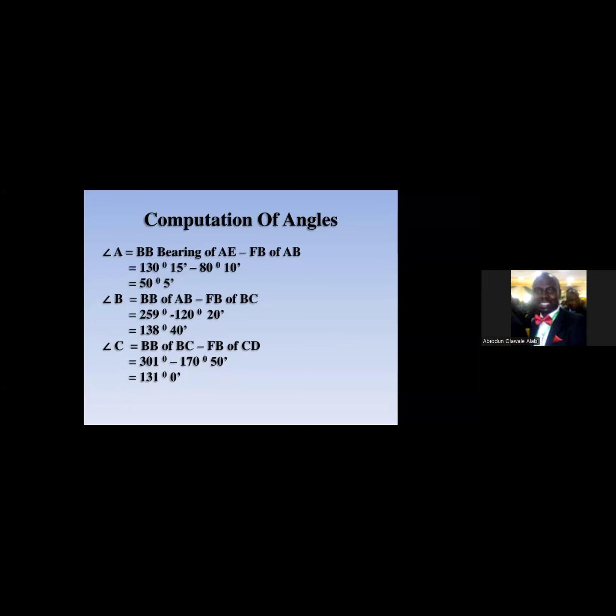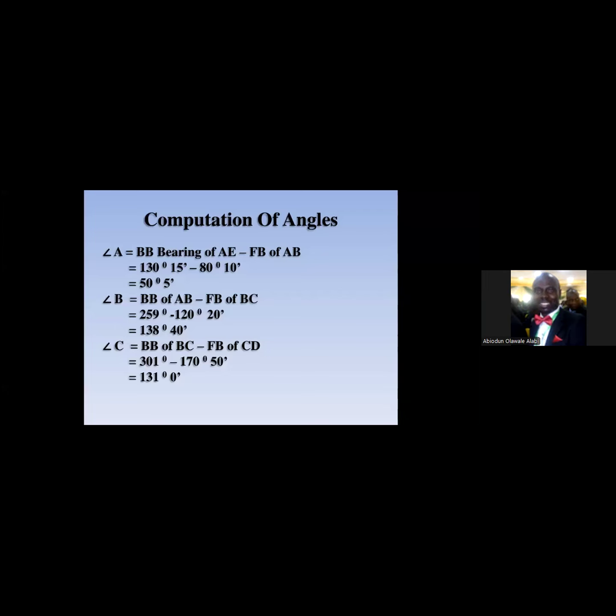But let me mention some certain things. I want you to find out for me what we call agonic lines, isogonic lines. These terminologies, we use them when we are dealing with map making. So there are lines, okay? So I've mentioned agonic line, isogonic line, geographical pole.